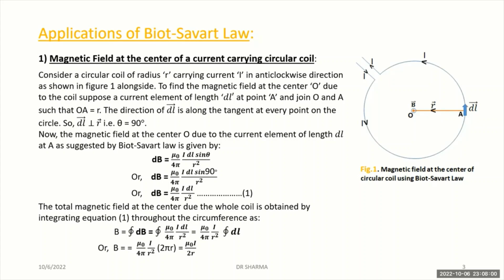This is for a circular coil that has only a single turn. Now if there are n turns of the coil, then we multiply the magnetic field due to a single turn by the number of turns to get the expression for magnetic field due to a circular coil having a large number of turns. Remember this formula?